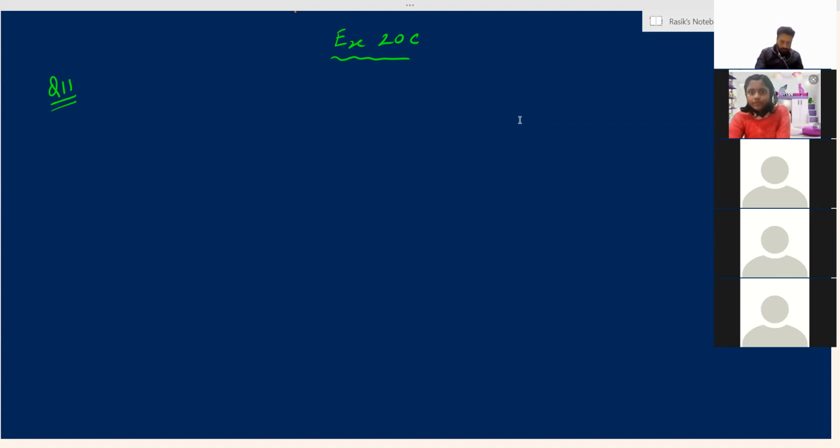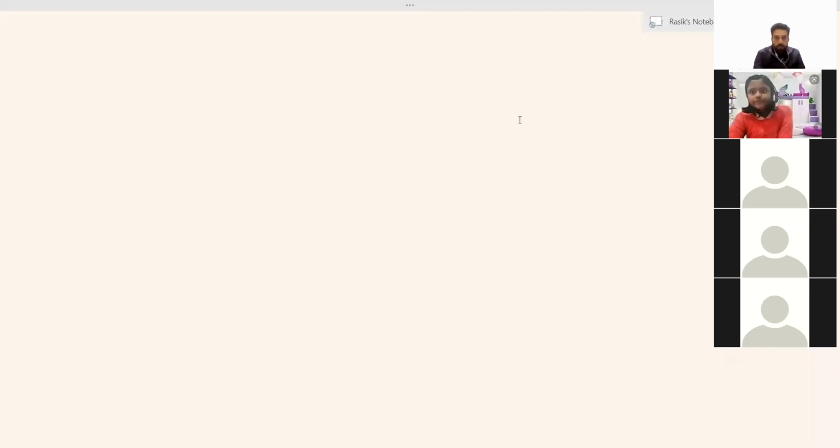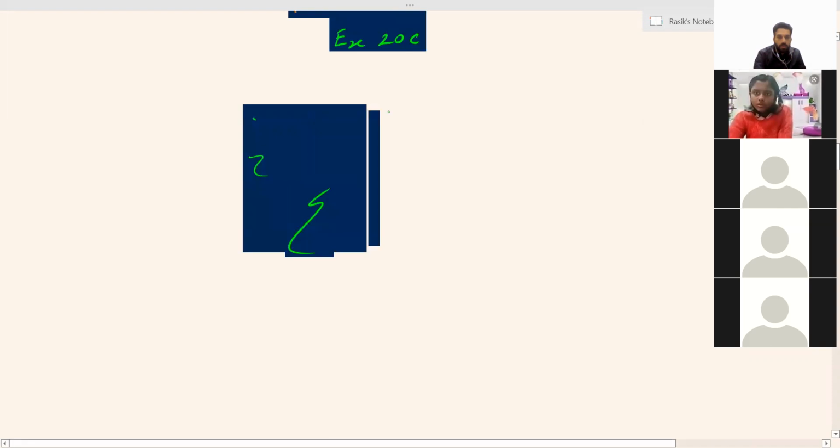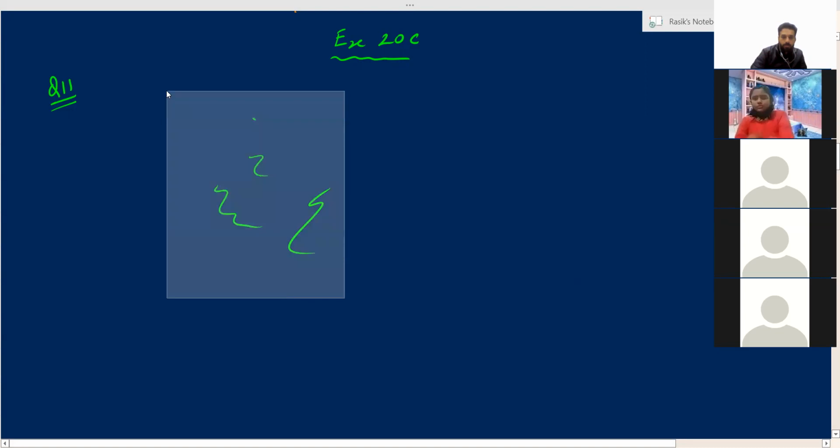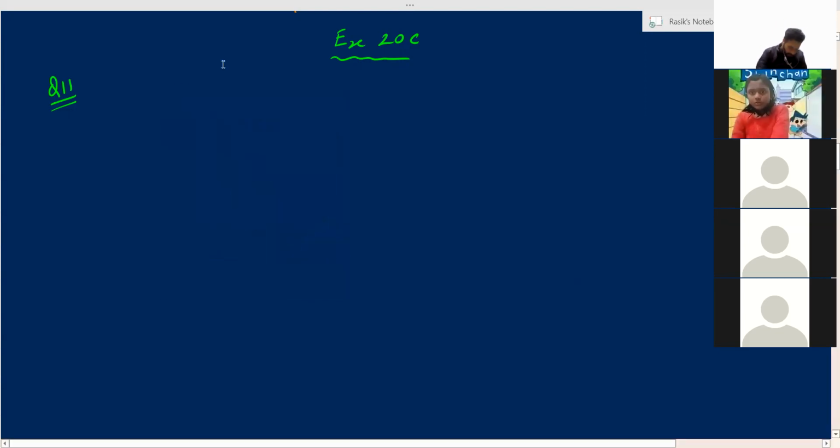Question number 11, all of you. Here we have to find the area of a rhombus, the length of whose diagonals are given in the question.